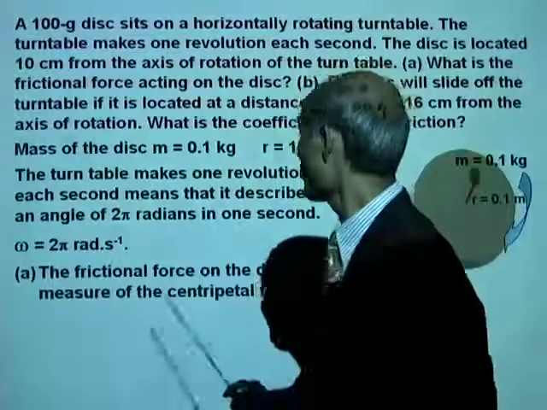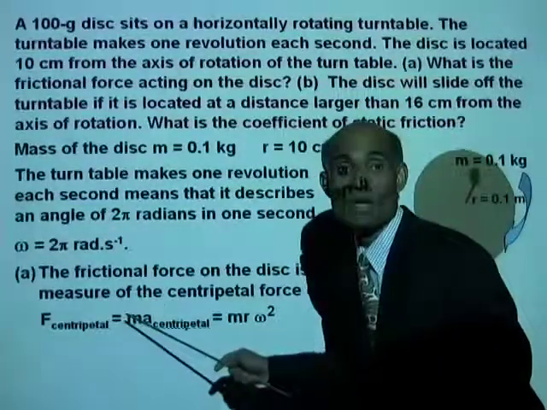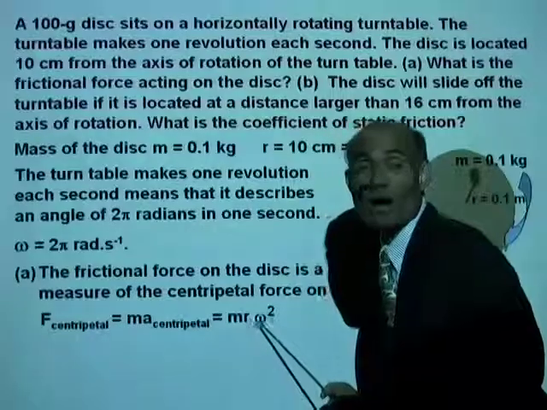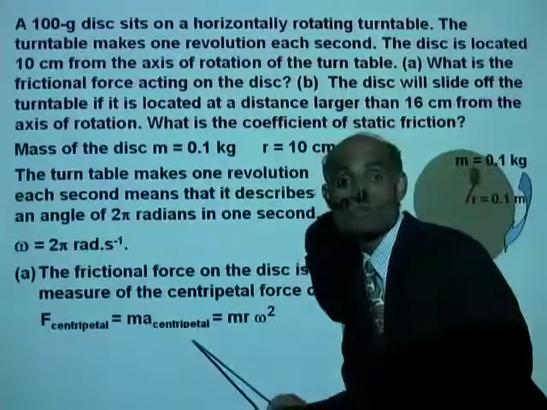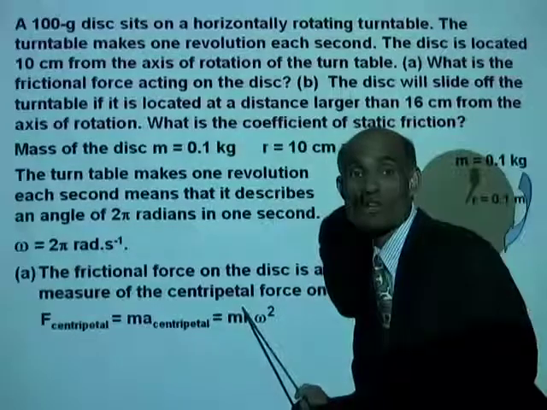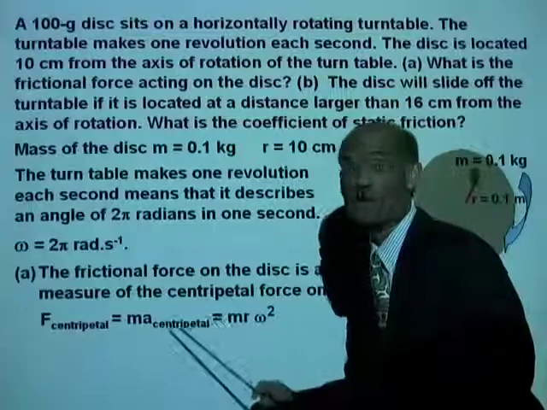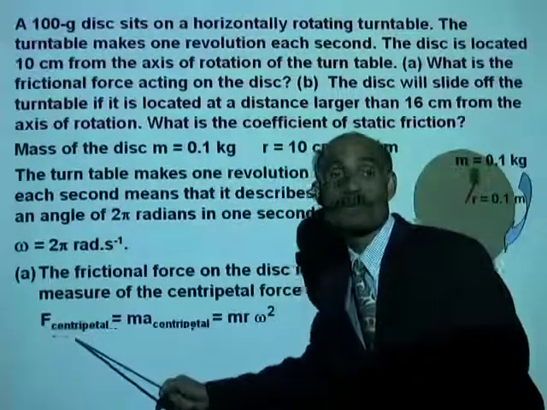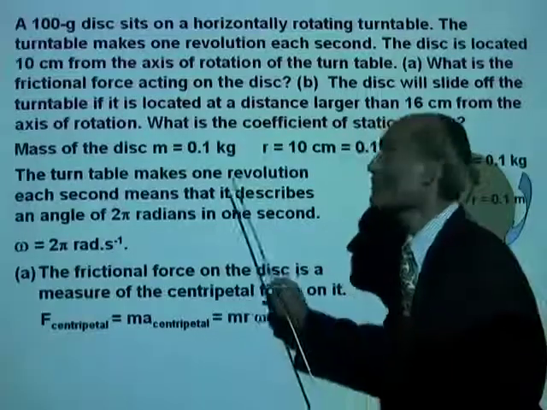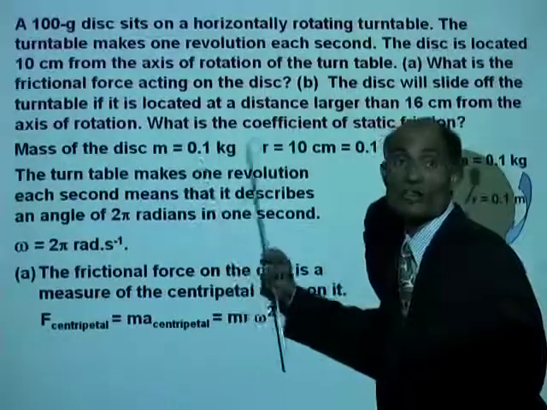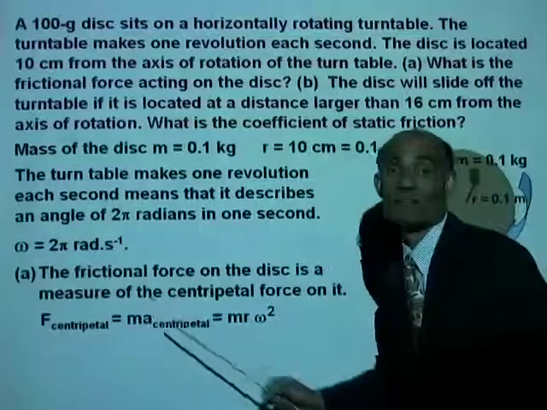The centripetal force, therefore, F centripetal is m r omega squared, mass times centripetal acceleration. We have shown that the centripetal acceleration is r omega squared. Therefore, the centripetal force is m r omega squared. We know the mass, we know the radius, we know omega.